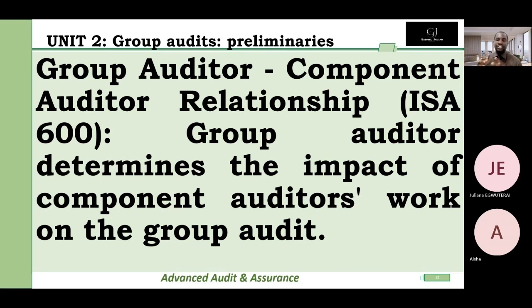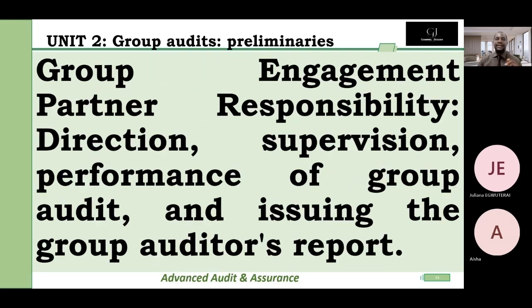They are to work in synergy, and the group auditor determines the impact of the component auditors' work on the group. So they need to work together to achieve one common objective, and that is to express the opinion to ensure that the true and fair view of the group financial statements is reflecting the organization's performance and position as at that time.